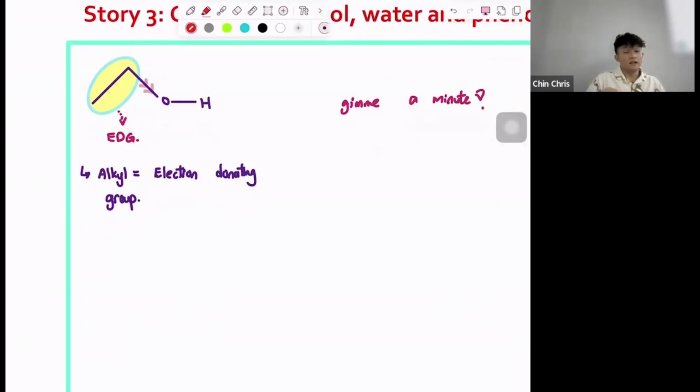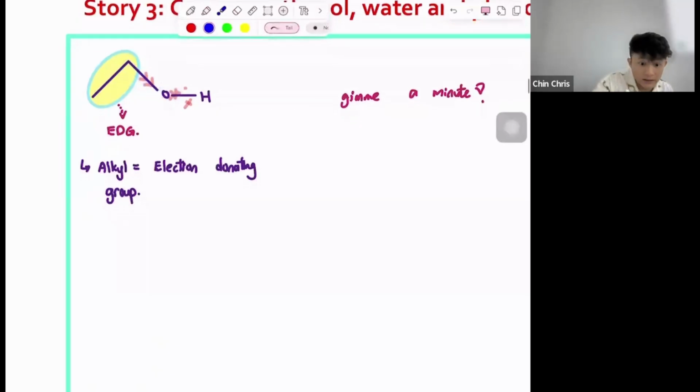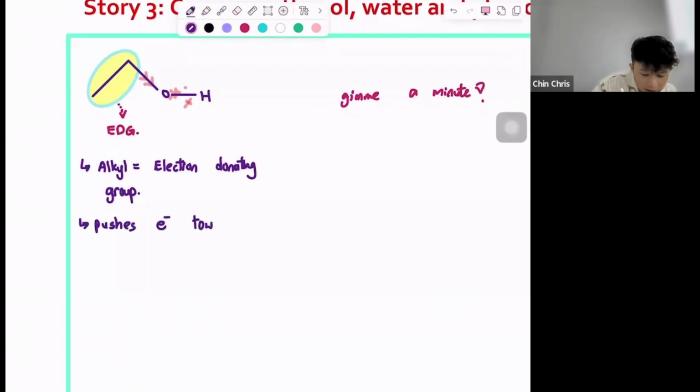They are known as electron donating alkyl groups, which means they push the electrons towards your O and H. So they push all the electrons towards here. Understand?